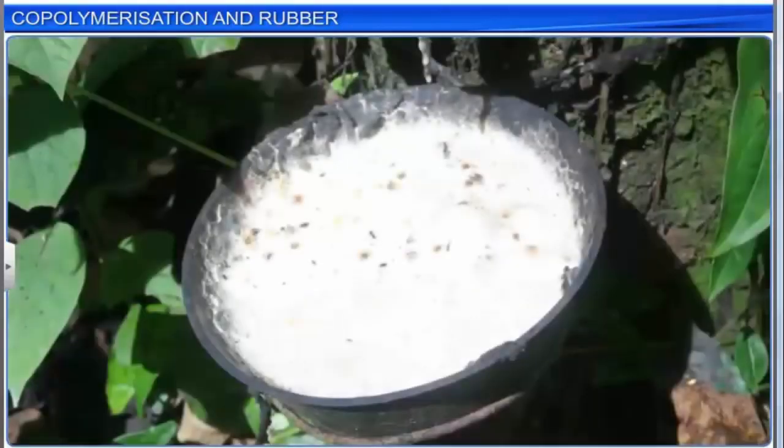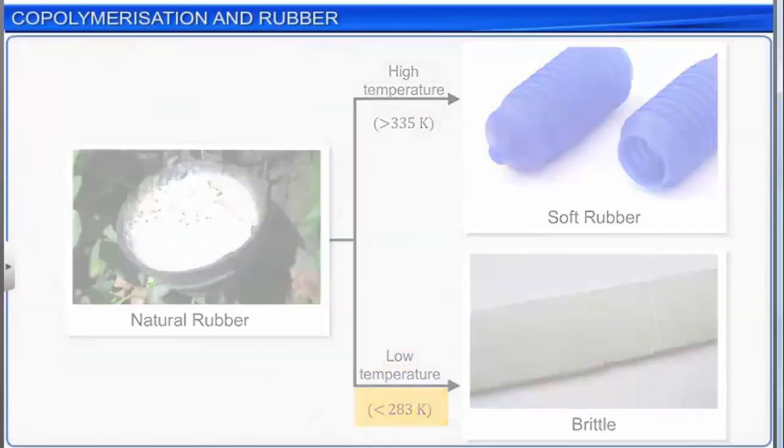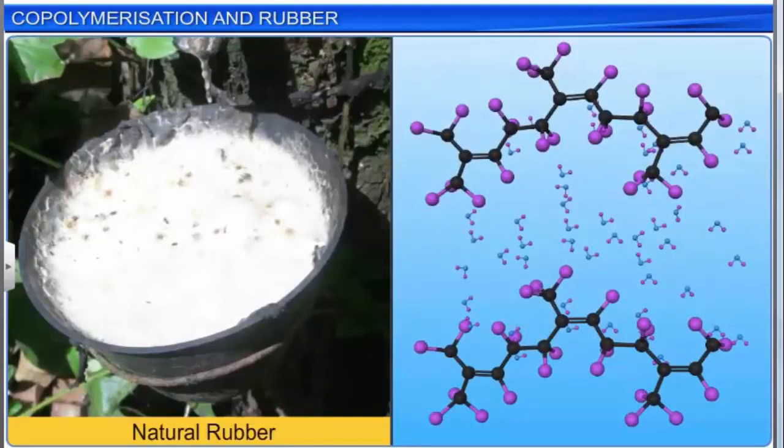Untreated natural rubber is quite sticky. It becomes soft at high temperatures, greater than 335 Kelvin, and brittle at low temperatures, less than 283 Kelvin. Natural rubber absorbs water.